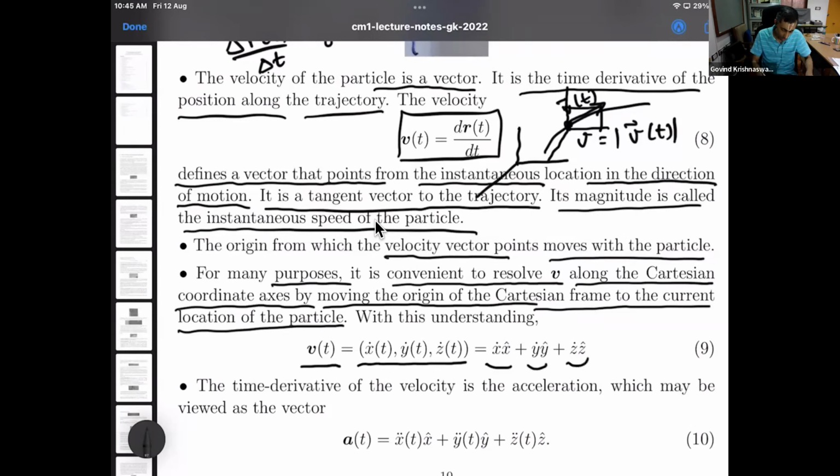Okay, so x of t, y of t, z of t was the address of my particle, the Cartesian coordinates of my particle, and that itself you may or may not want to regard as a vector, but certainly once you differentiate it, you do want to regard it as a vector. It is the velocity vector.